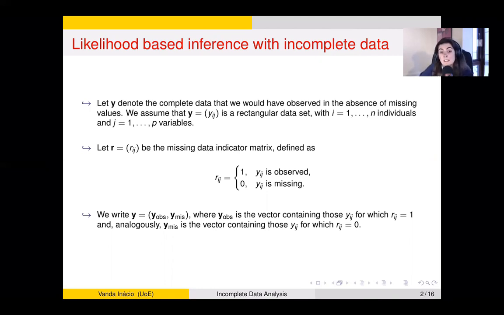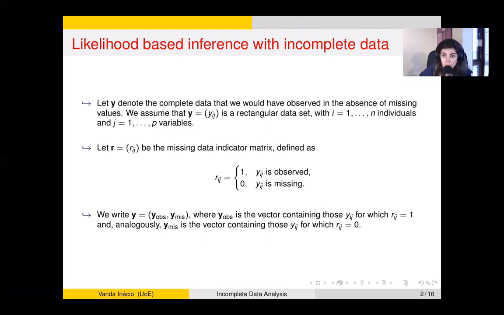And let R be of the same dimension as Y, so also a matrix of dimension n times p, and Rij will take the value 1 if the corresponding Yij value is observed, and Rij will take the value 0 if the corresponding Yij is missing.